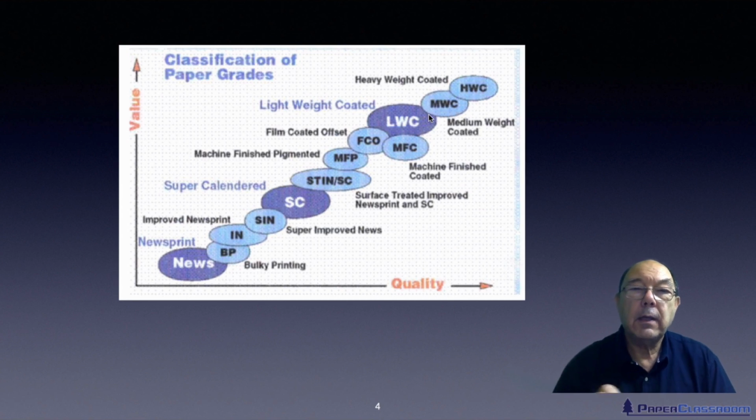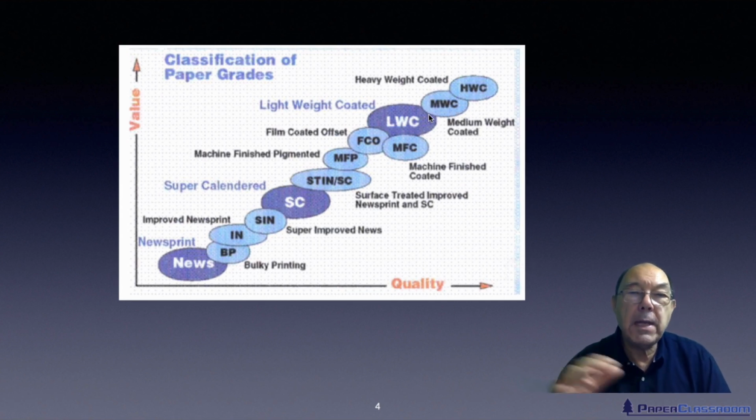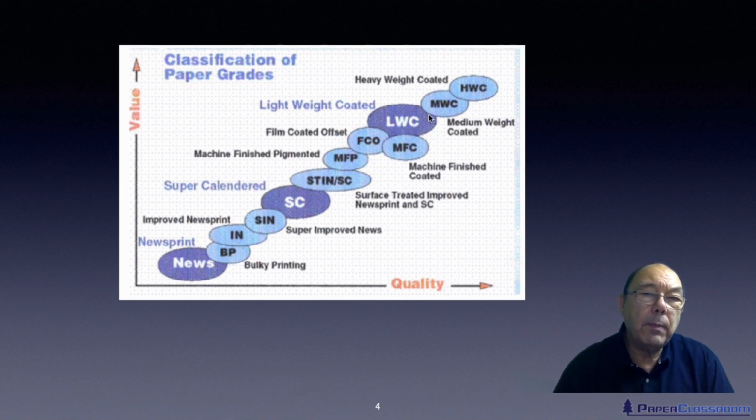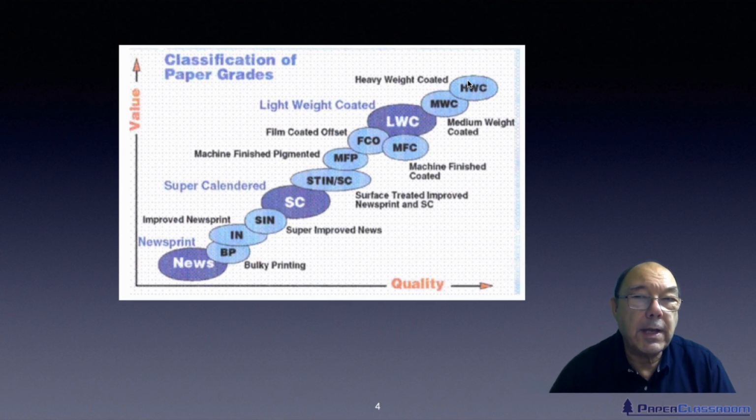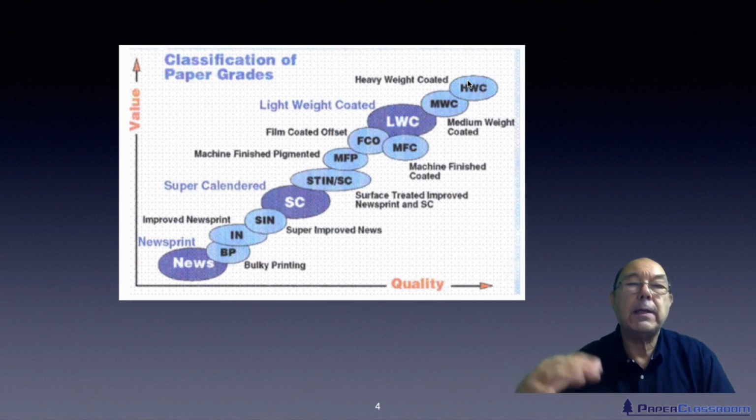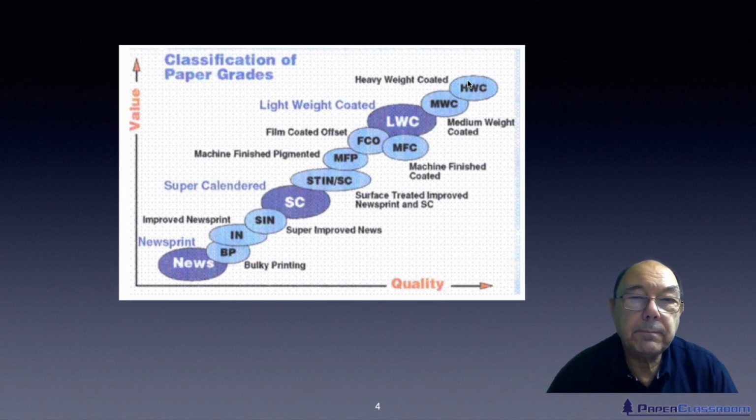That means you've got a lightweight sheet and you put a nice coating on it. MWC, medium weight coated. We don't mean we've got a medium weight of coating. What it means here is you've got a medium grammage that's got a coating on. And finally, HWC, heavyweight coated. So you're talking really of boards there. So you've got a really heavy sheet on which you have coated. So that's the way to remember key grades.